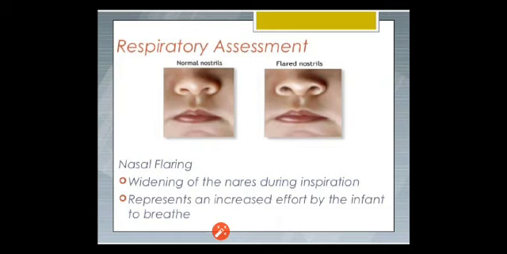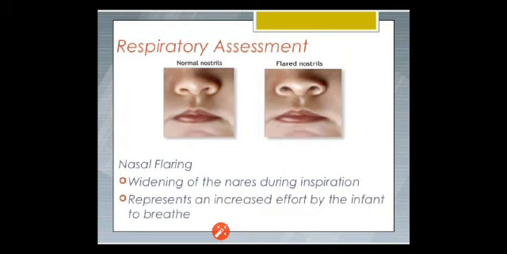Next, nasal flaring. This is one of the important observations we will find in respiratory distress cases. How can we find out? If we see the left picture, it is normal nostrils.